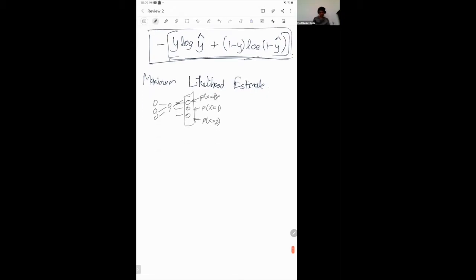This is what your neural network is outputting for each class. Each node represents the probability of seeing that corresponding class.